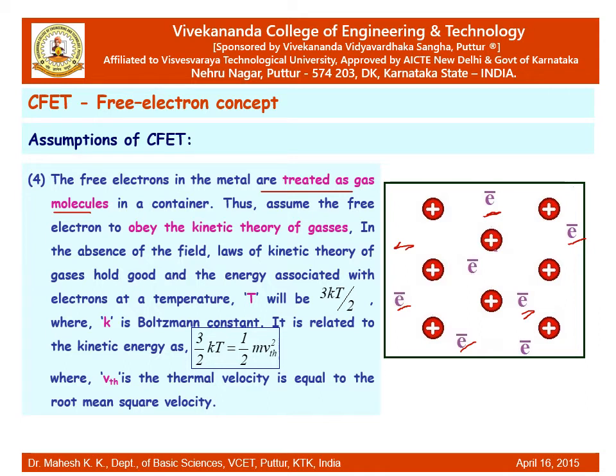Thus we can apply the kinetic theory of gases, and in the absence of the field, if the laws of kinetic theory hold good, then the energy associated with the electrons can be written as 3kT/2, where k is the Boltzmann constant, and it can be related to the kinetic energy, half m v_th squared, where v_th refers to the thermal velocity.